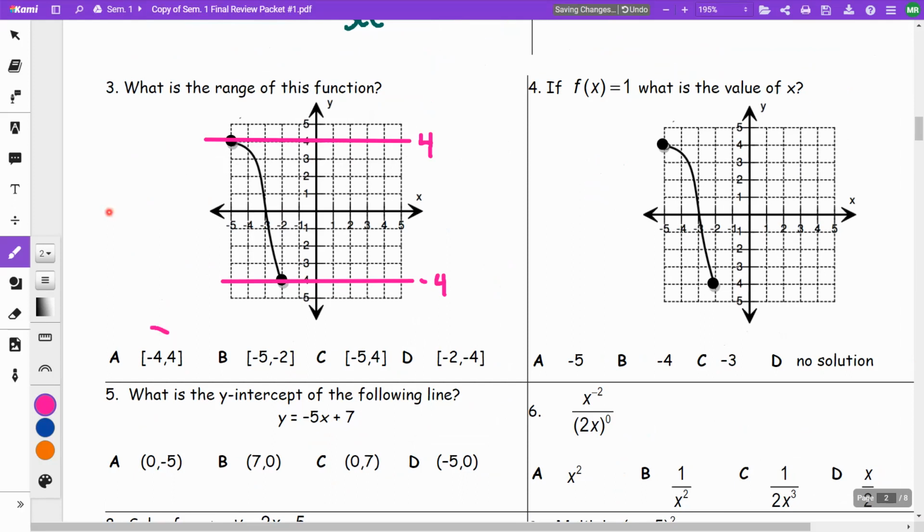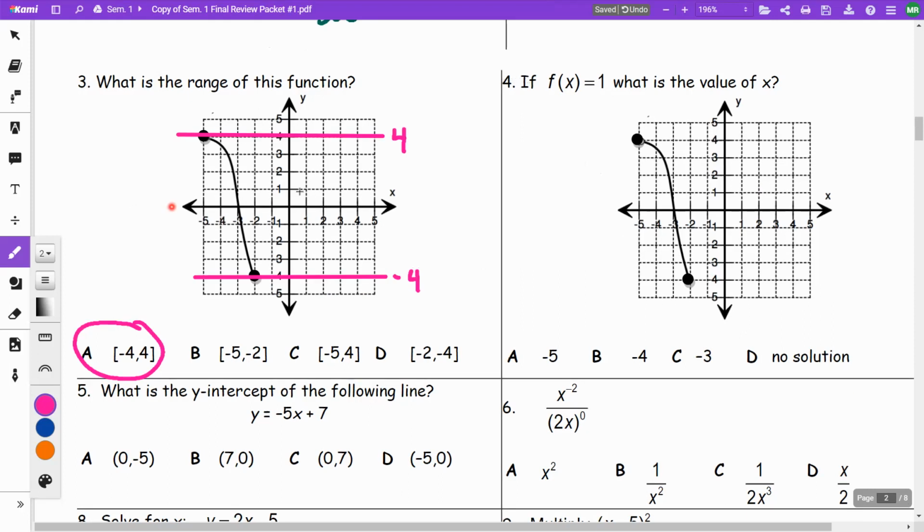So it is going to be letter A. On number 4, they want us to find, if f of x is 1, what's the value of x? So if f of x is 1, I want to look at a height of 1. That's what I'm looking at. And I want to see what would my x be. So looking at it, my x would be -3.